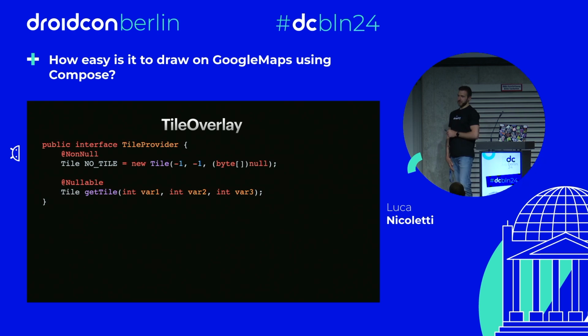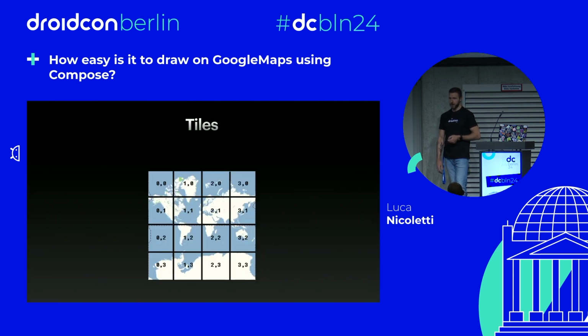The tile provider is an interface that requires you to implement the getTile function and gives you a no-tile tile, which you can use if you don't want to provide a tile for a specific input. The input that you get is var1, var2, var3, which are basically the X, Y, and zoom of the tile that you need to provide.